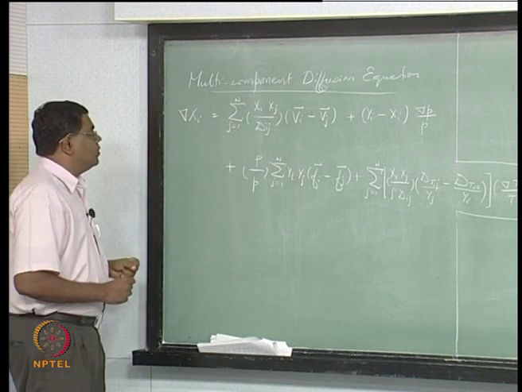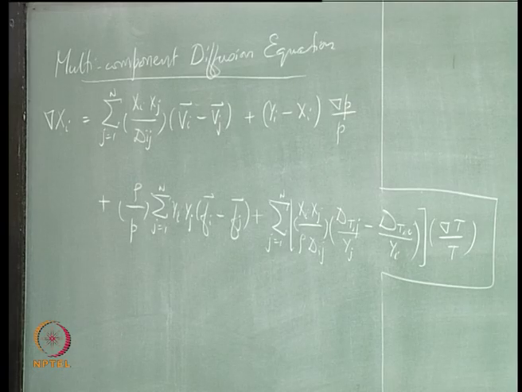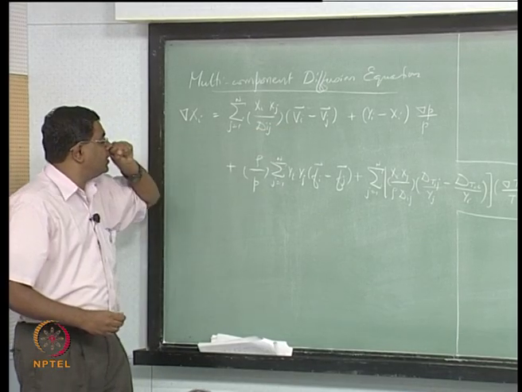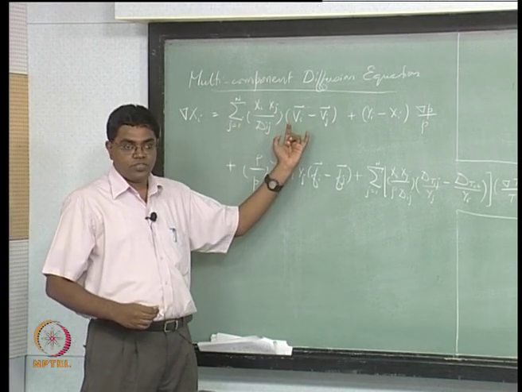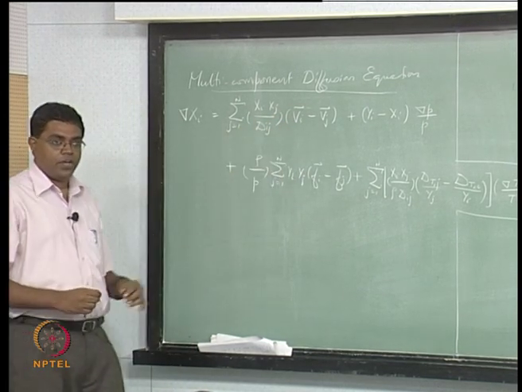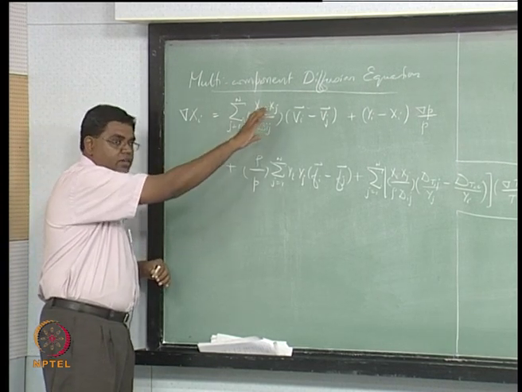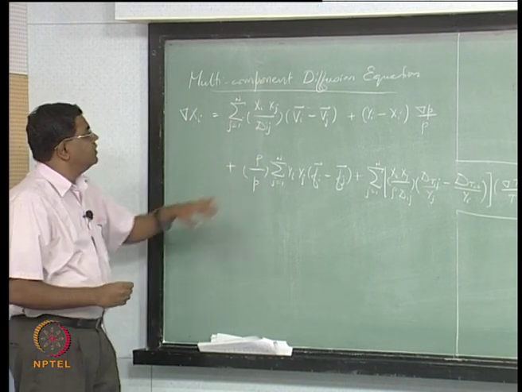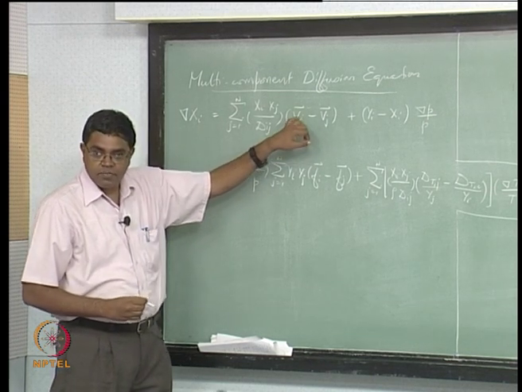So if you had two species, this is actually a convoluted expression for the gradient of mole fraction of one of the species in terms of concentration, mass fraction, and mass diffusion velocities of the two species involved. So if I write this for gradient xA and then gradient xB, what I am actually looking for is an expression for VA and an expression for VB.